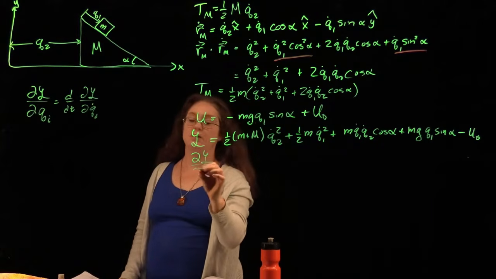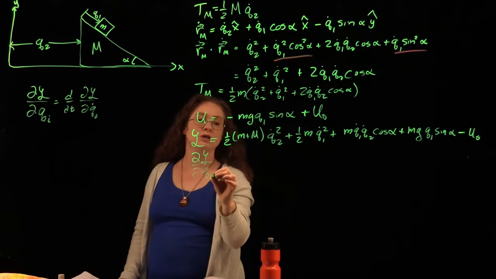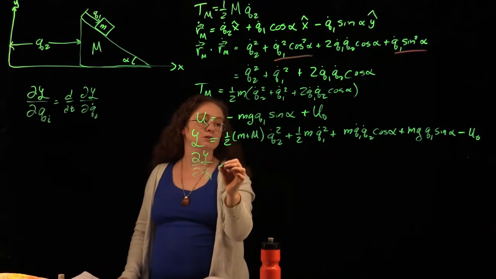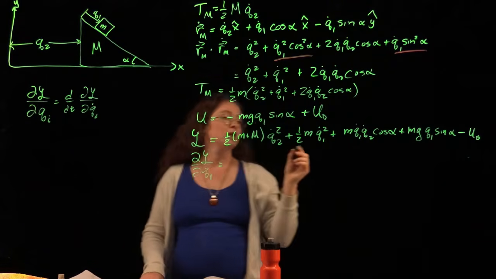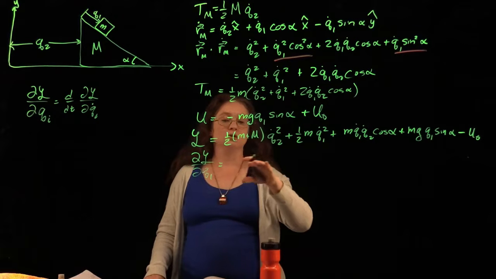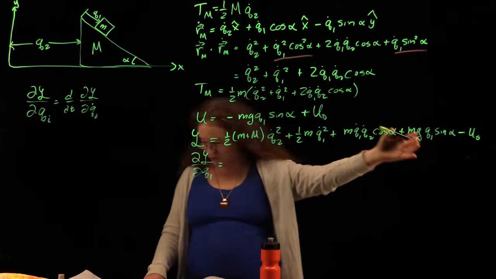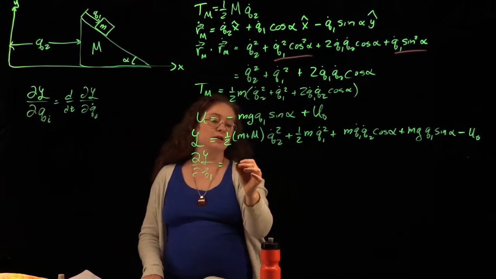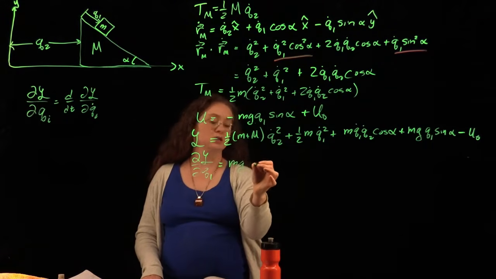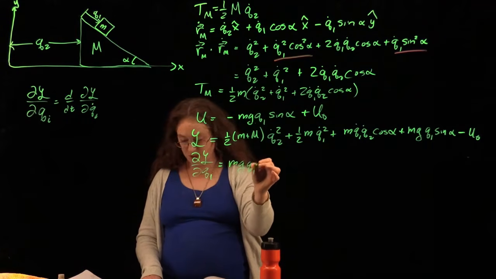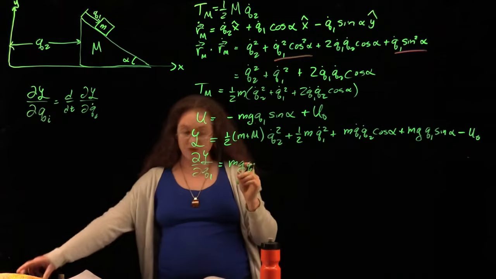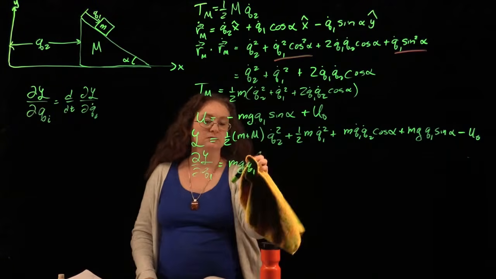Partial L, partial q1. Here I have that term only, so I get m g, sorry, m g sine alpha.